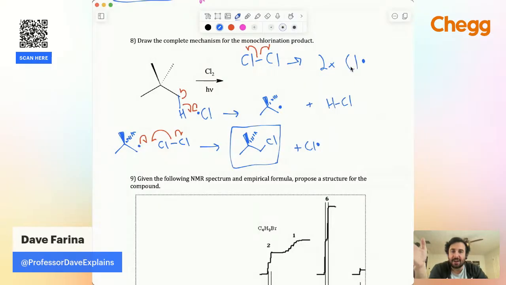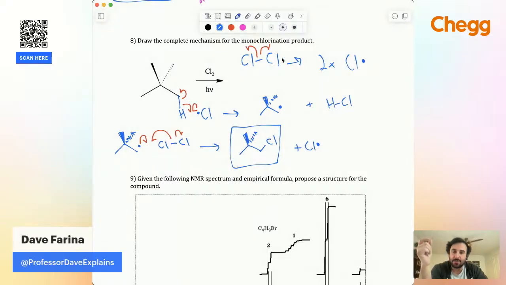Mechanistically, we would either be generating another chlorine radical from another initiation reaction, or we would just be taking a chlorine radical that was propagated from an earlier step. And then the chlorine radical is interacting with a hydrogen atom, generating HCl byproduct and generating another alkyl radical. So that can just happen over and over again.